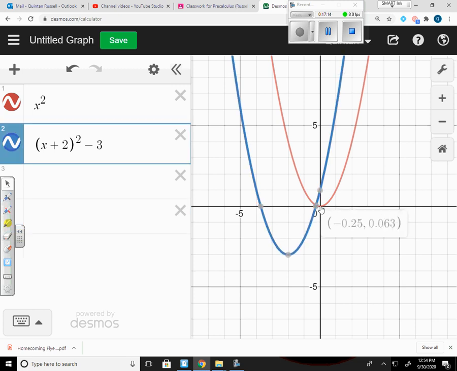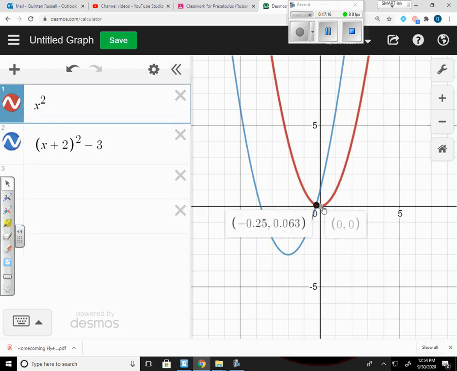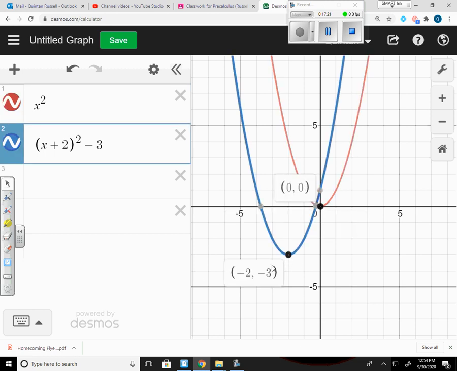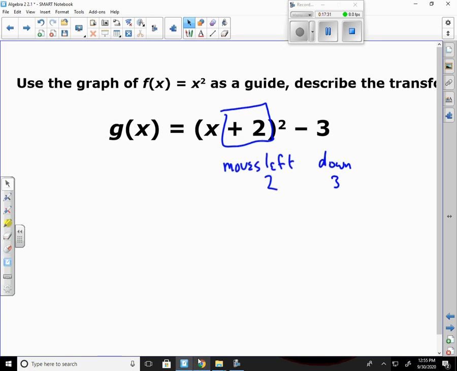Looking at this graph and my original one, it started at 0, 0. Now it tells me that this one is at negative 2, negative 3. Move left 2 and down 3. Those are translations. We will pick up there with the other types tomorrow.